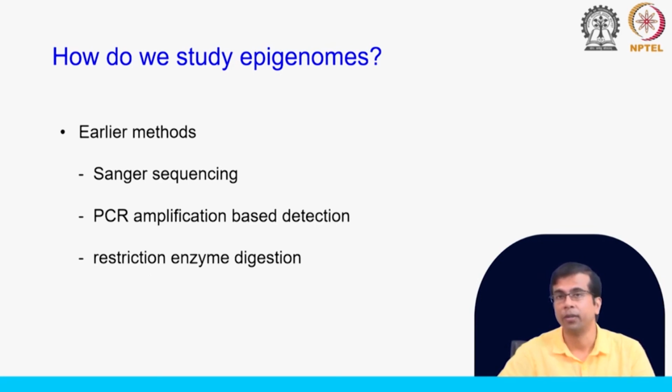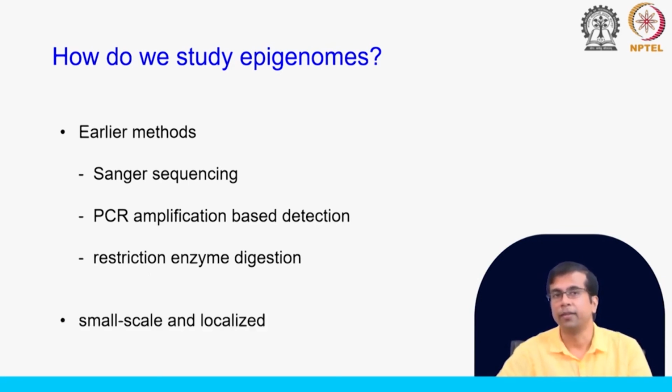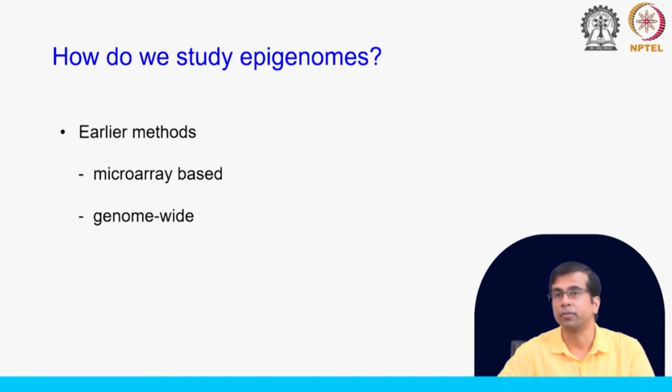What you probably notice is that these are small scale methods, so you cannot apply them at genome wide scale, and most of them are localized to certain genomic regions or segments. And this all changes with the next generation sequencing methods. If you wanted to do genome wide studies, we had to rely on microarray based methods earlier, and this was genome wide.